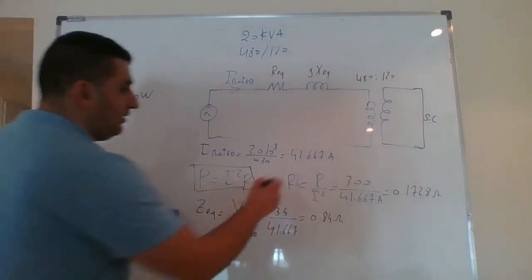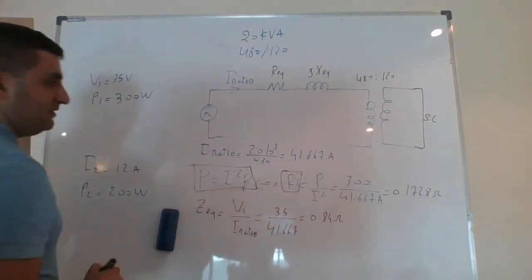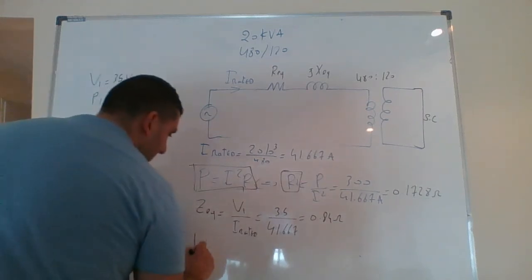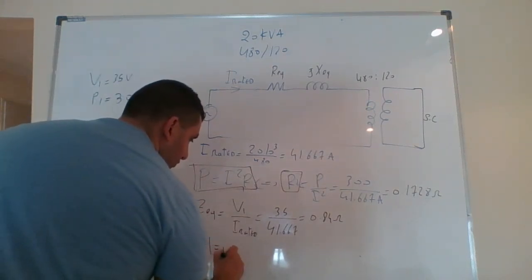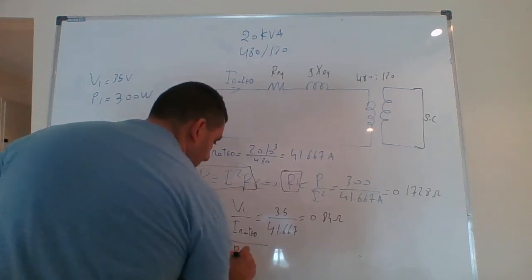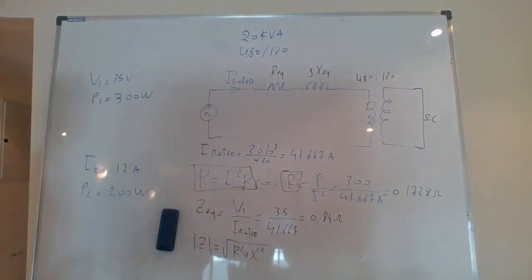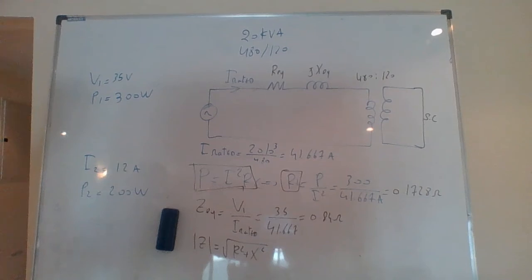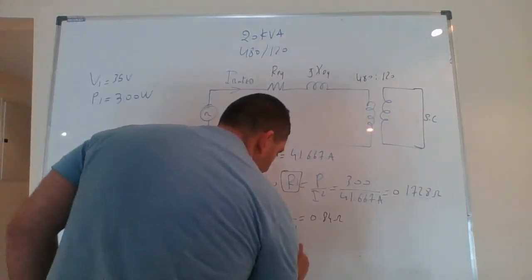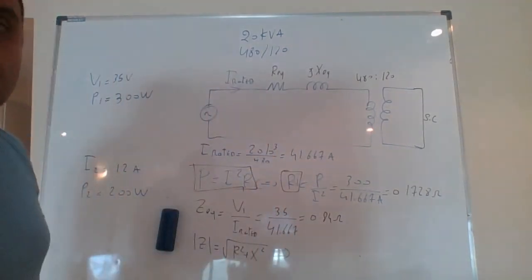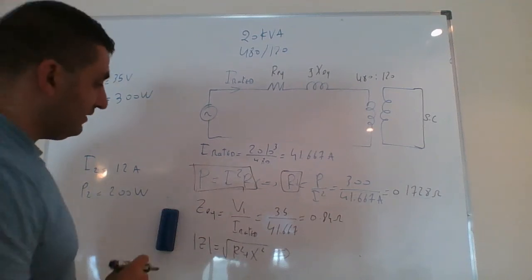Perfect. Now I have R and I have Z. The magnitude of Z is equal to the square root of R squared plus X squared. So now I can find X equivalent.